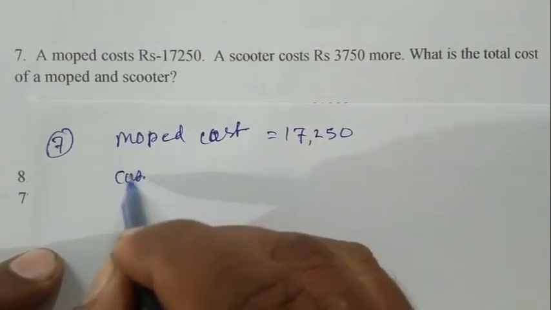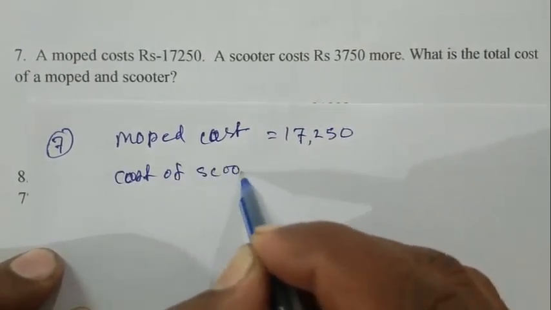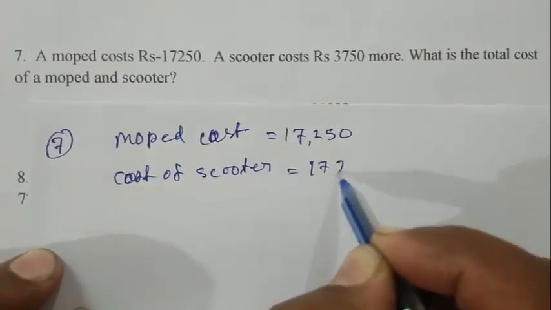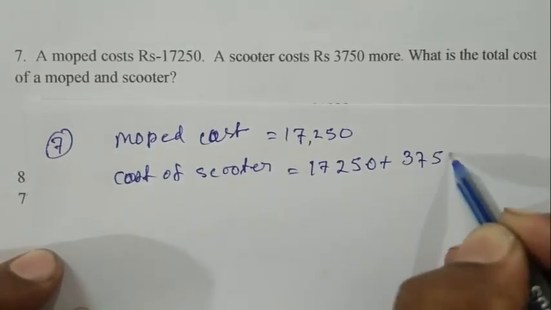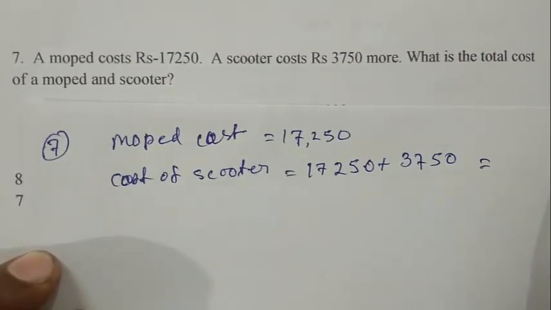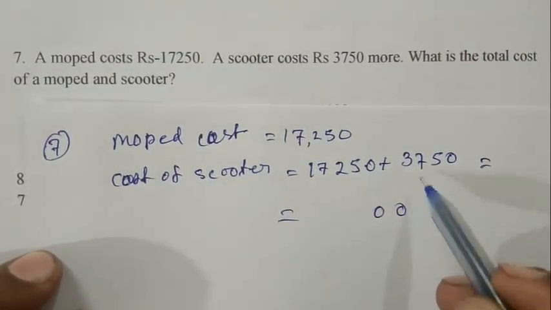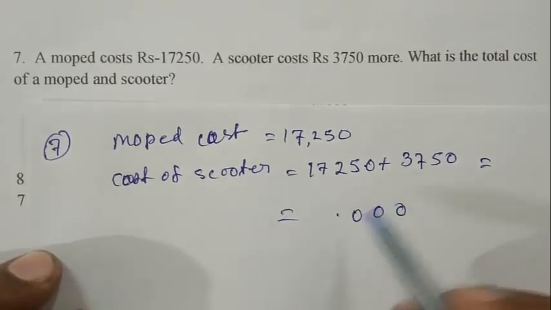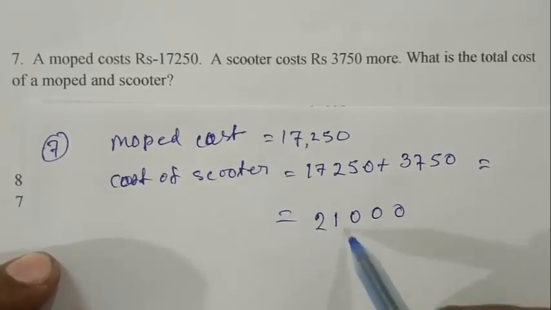Cost of scooter, that is 17,250 plus 3,750, that is 21,000.